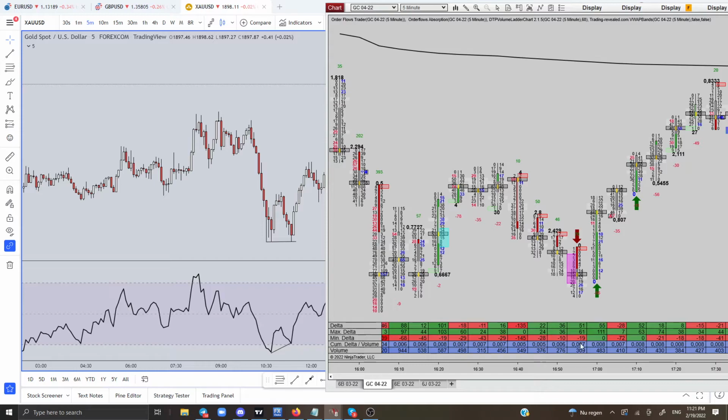Look here. In this candle, remember min delta is for the sellers, max delta is for buyers, and this delta is deciding who is winning the game in this candle, right? In this divergence candle, the second leg of divergence, what we are seeing here is min delta was 0.